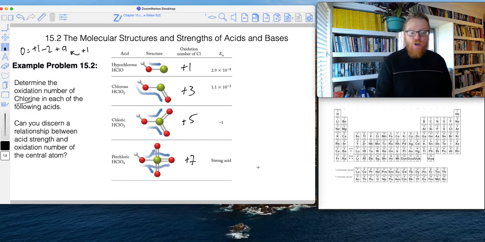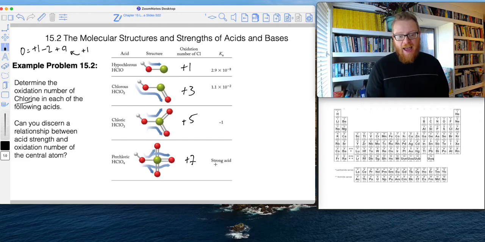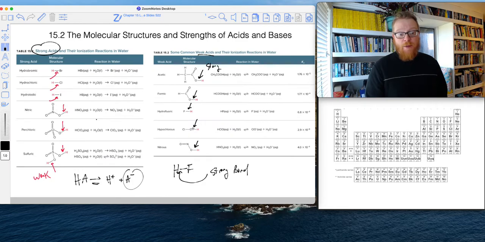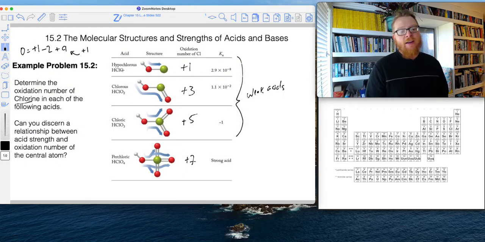And now you will notice that perchloric acid is a strong acid, but all these other acids are considered weak acids. And so the hypochlorous, there it is, that's on that list. But you can also see that not only is hypochlorous a weak acid, but chlorous acid and chloric acid are also weak acids. So what is happening with that oxidation state, and what is it that makes these things weak?